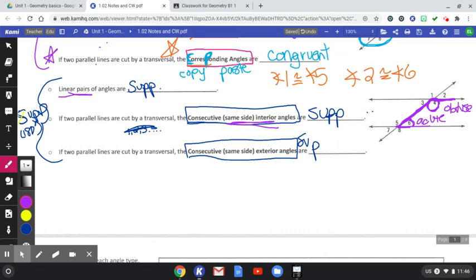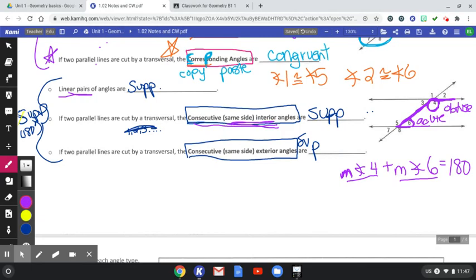So we can write a little problem here. The measure of angle 4, so this little m that I'm writing stands for the word measure. So this is new notation here. Measure of angle 4 added to the measure of angle 6. So again, though that relationship is same side interior, they add to equal 180.